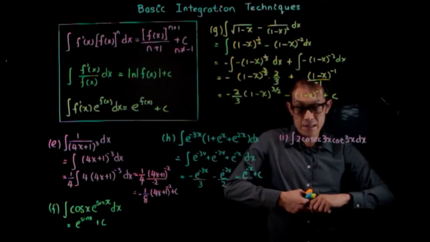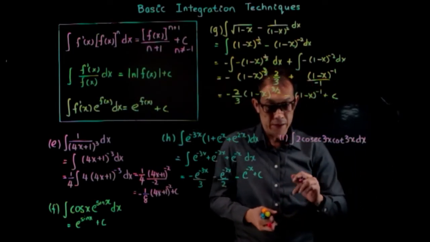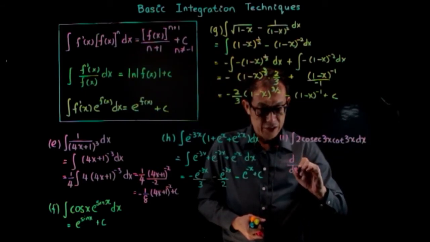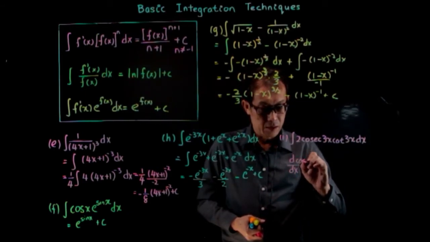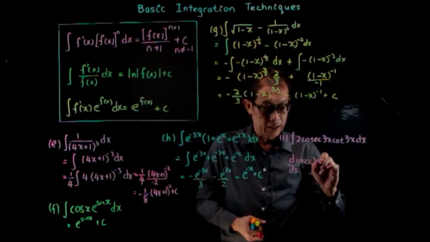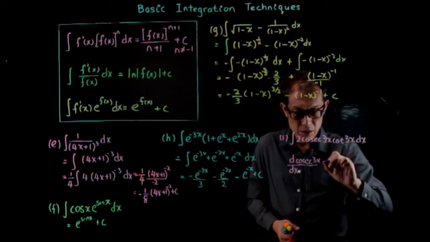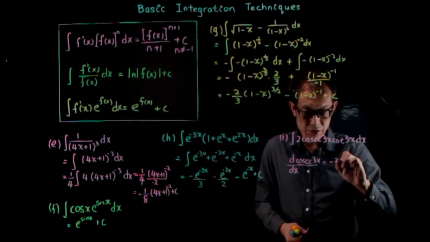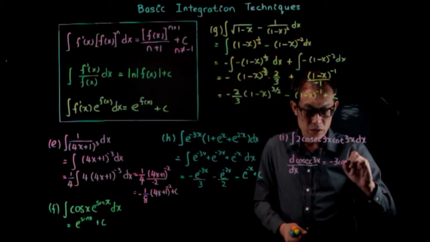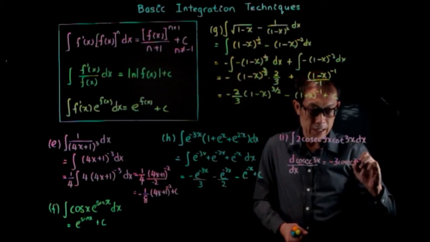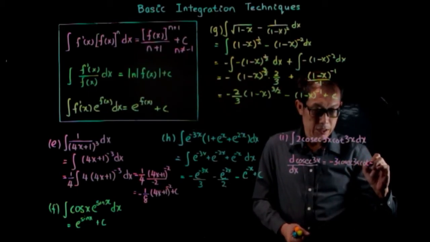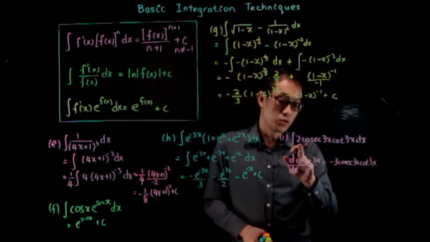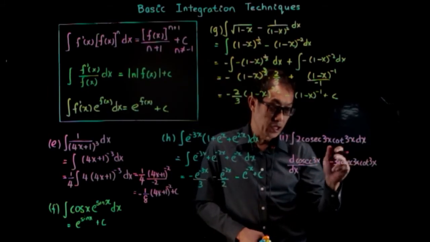Now, let's differentiate this and see what happens. Differentiate cosecant 3x. You will have minus 3 cosecant 3x cotangent 3x.